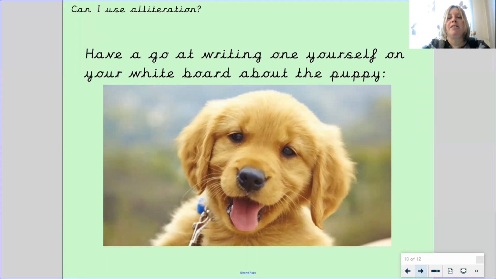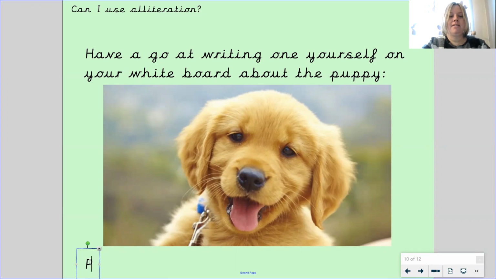Have a go at writing one yourself on your whiteboard about the puppy. So we've got a picture of a puppy. I want you to have a go at writing your own sentence about the puppy using alliteration. So I'm going to have a go at writing one with you. I think a puppy is playful.